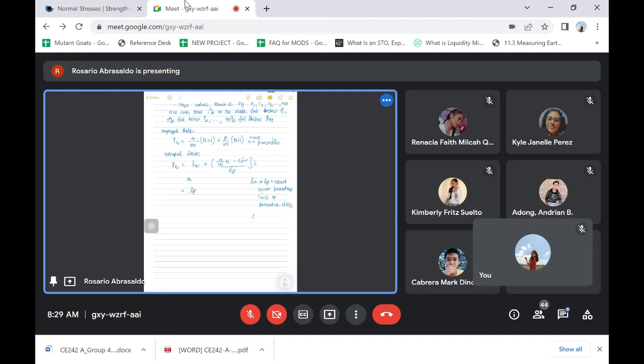Okay, we have CF, that is the cumulative frequency of the immediately preceding class. F sub P, this is the frequency of the percentile class.